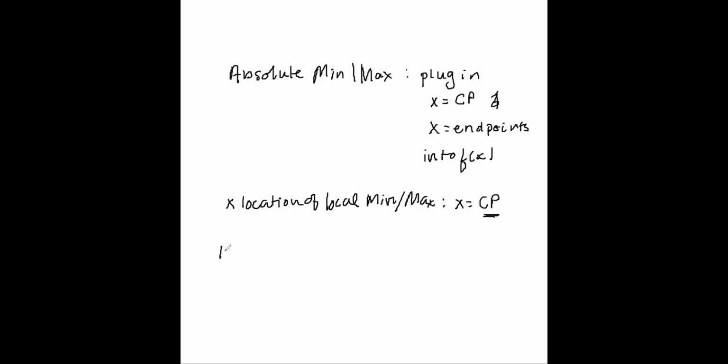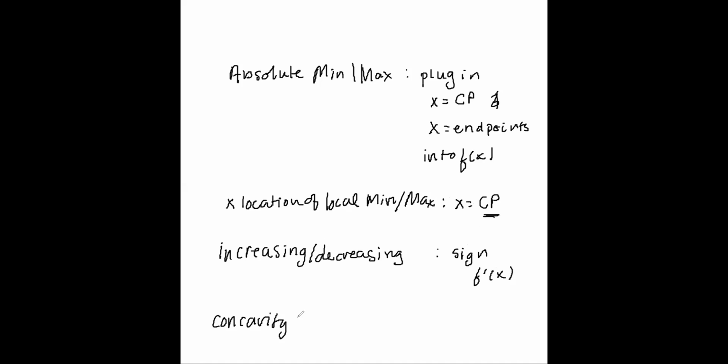If you need to know increasing and decreasing, you're going to be looking at the sign of our first derivative, f prime of x. And if you're looking at concavity, you're going to be looking at the sign of the second derivative.